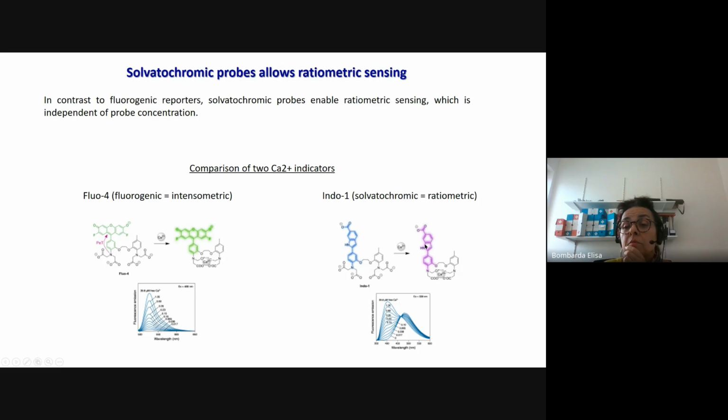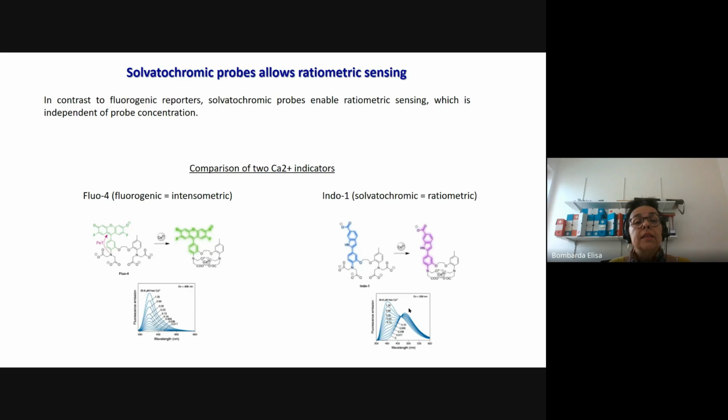The color of the probe is in fact changing when it binds calcium, and of course, comparing the height of this band, we can determine how much calcium is there after, of course, calibration.